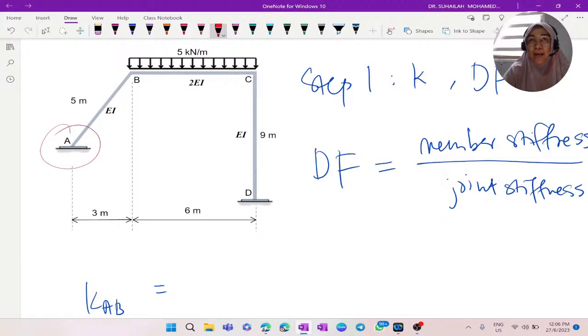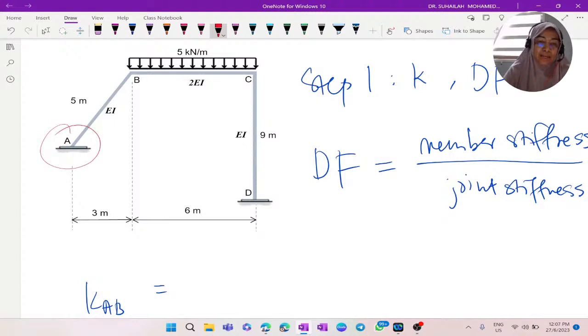Pin and roller have the same characteristic. Far end means, for AB, the far end refers to A, because B is internal and the internal end is assumed fixed. So the term used in the formula to calculate stiffness is far end condition: far end fixed, or far end pin or roller.